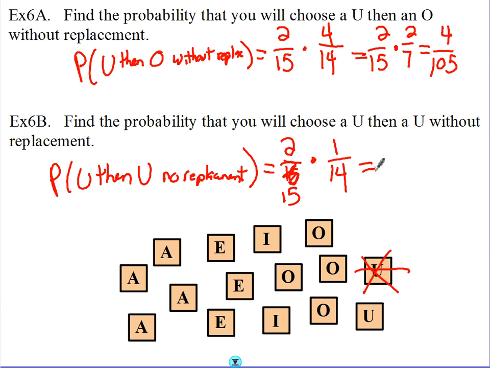We just multiply them out. Actually, we won't get 2 because if we reduce, I will get 1 over 105. That's our probability of that one.